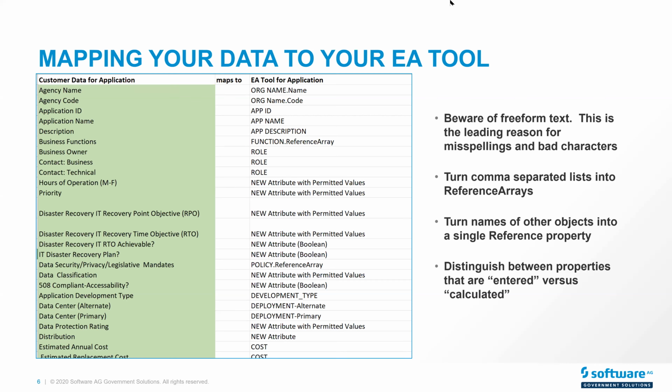The first thing is beware of free-form text. If there's anything I've learned over the years that I've been doing this EA work, it's that people will misspell product names, they'll misspell vendor names, they'll abbreviate company names, they'll abbreviate device names, they will just flat out enter in bad characters.